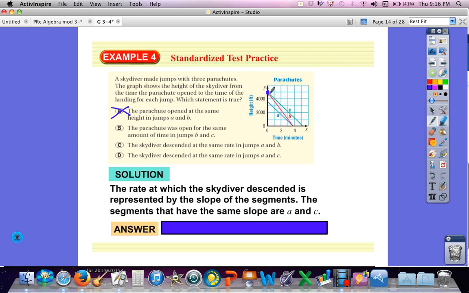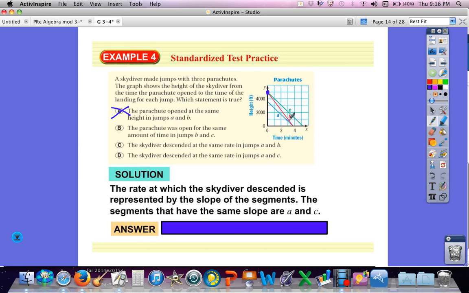The parachute was open for the same amount of time in jumps B and C. Well, no, it opened at the same time, but here he ended at 4 minutes. Here he ended at, maybe that's 5 minutes, but definitely not the same amount of time. The skydiver descended at the same rates in jump A and jump B. Well, if it was the same rates, then they would be parallel.